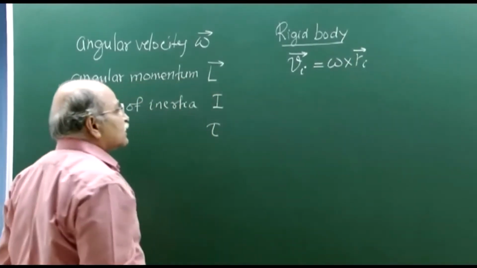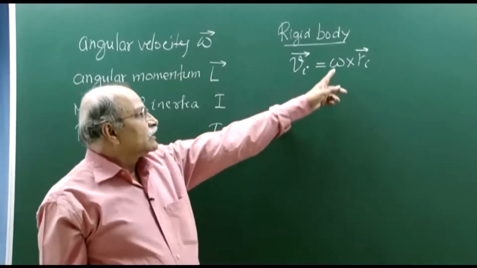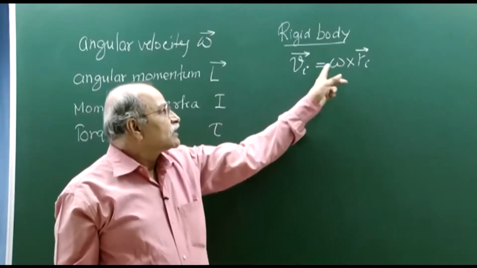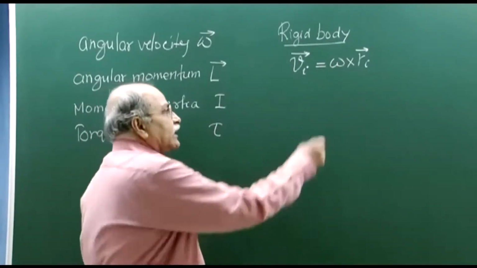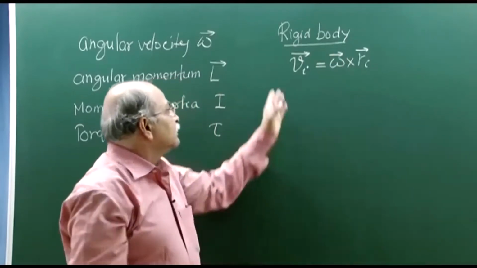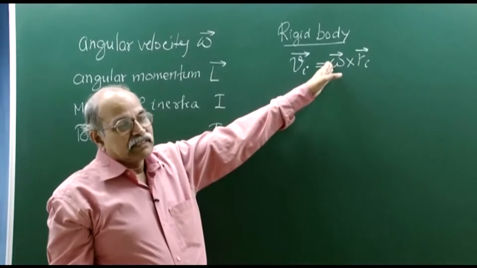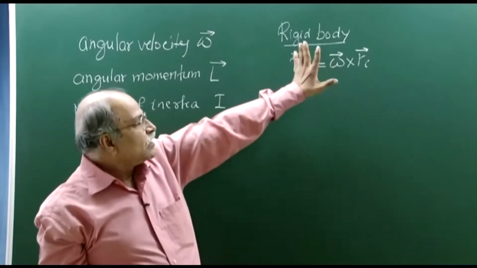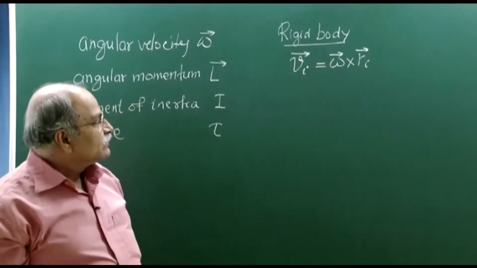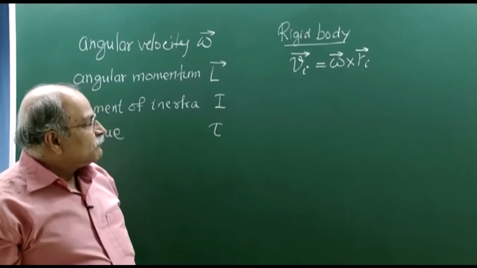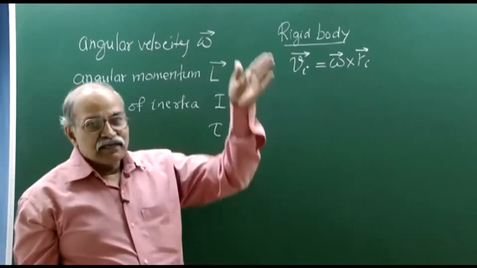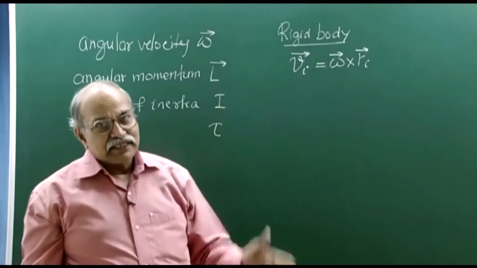Ri is the position vector of the particle, and this omega is the same for all the particles. Then you say that this rigid body has this angular velocity vector. So, that is how one can identify omega.